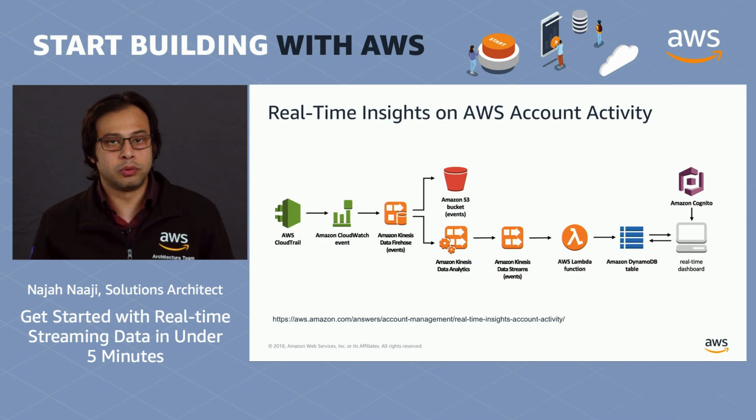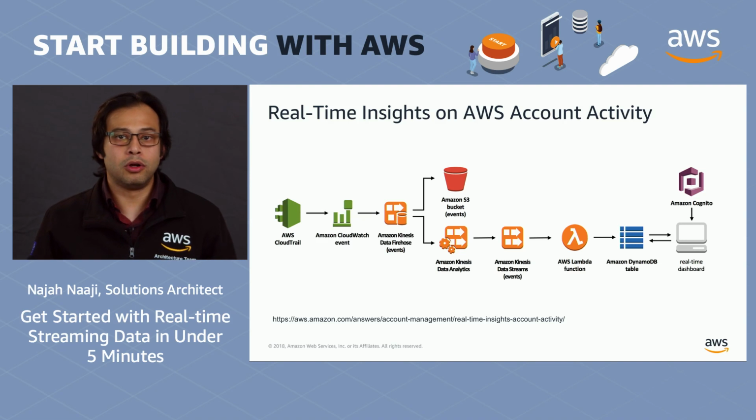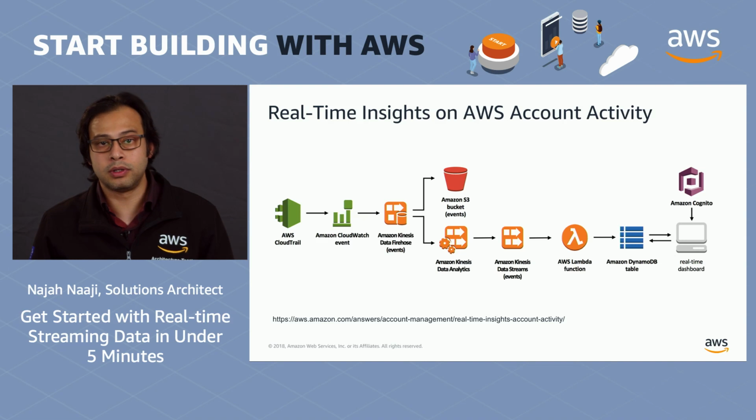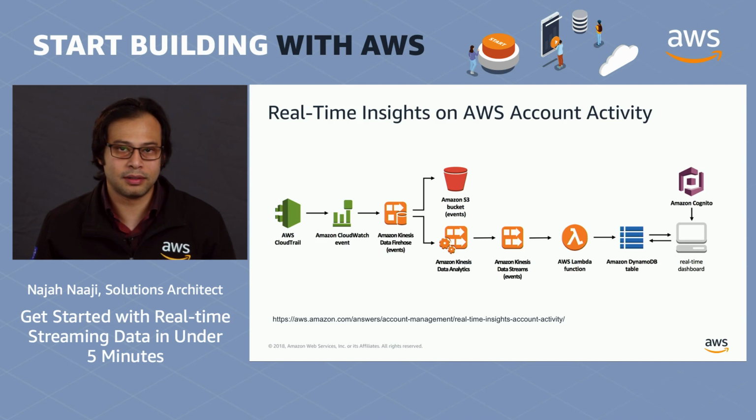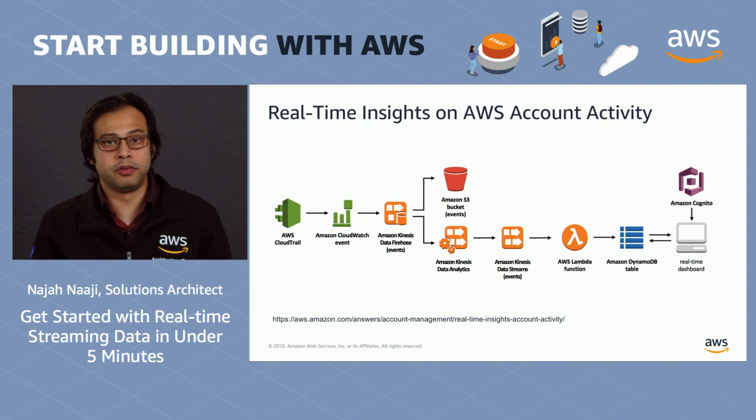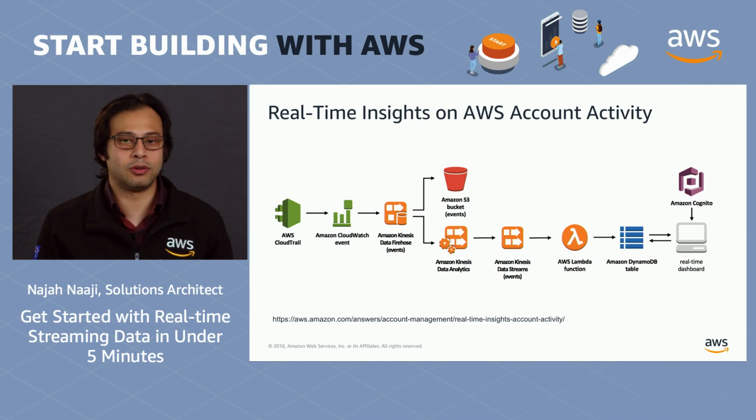The way this solution works is, first of all, the service that provides logging on all these activities is AWS CloudTrail. We use Amazon CloudWatch Events to get data from AWS CloudTrail and ingest to Kinesis Firehose. We'll also attach a Kinesis Data Analytics application on that to compute a bunch of useful, interesting metrics. This would also be one of your first points for customizing the solution.